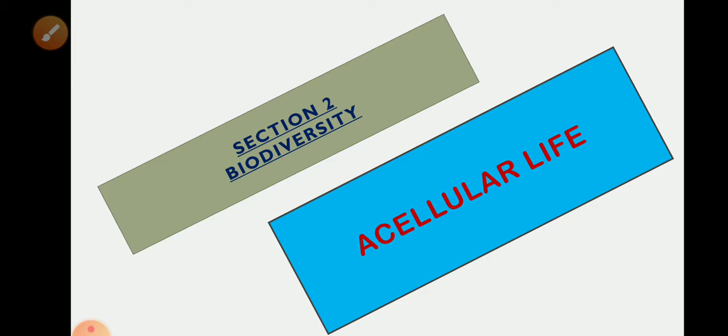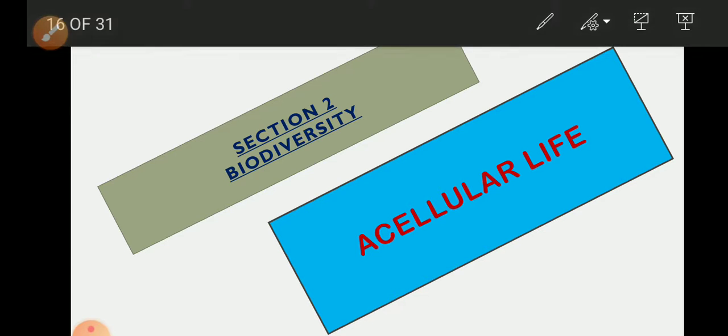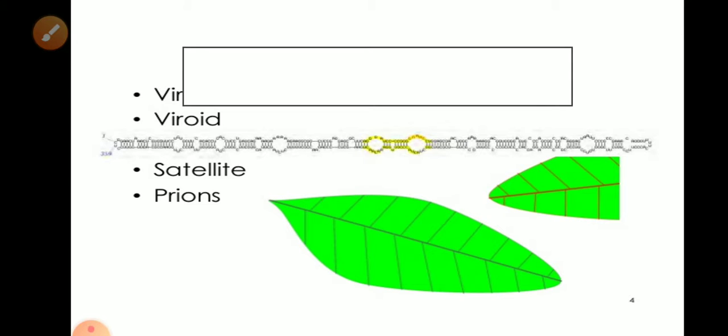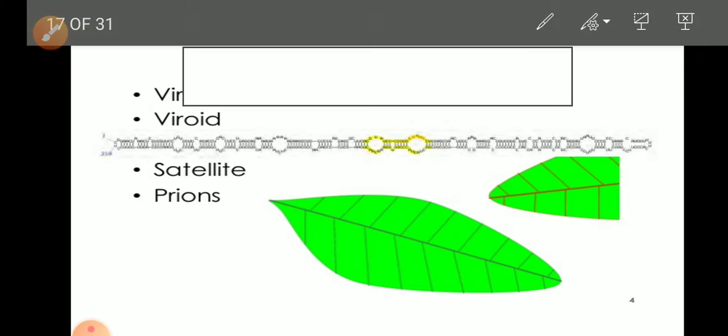Biodiversity means the diversity in living organisms. So we will talk about the first chapter of biodiversity, or overall the fifth chapter, acellular life. In acellular life we will see viruses, viroids, satellites and prions in detail.